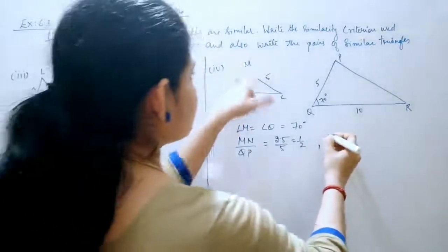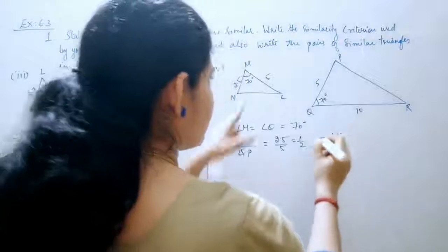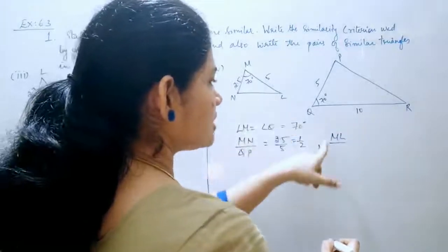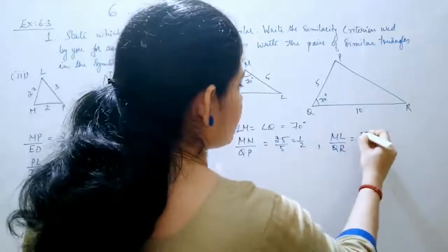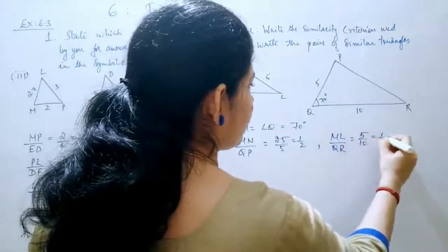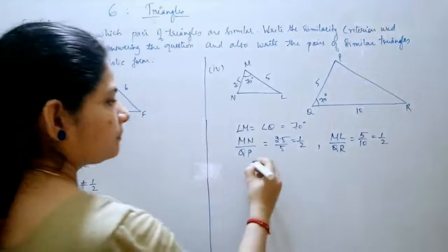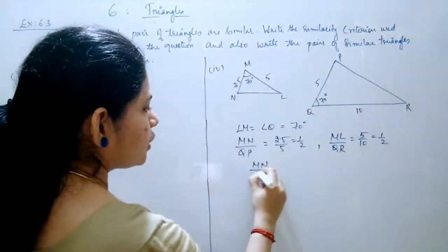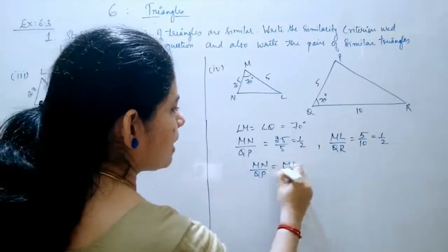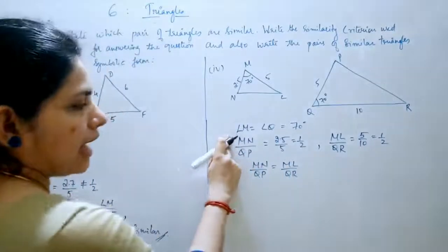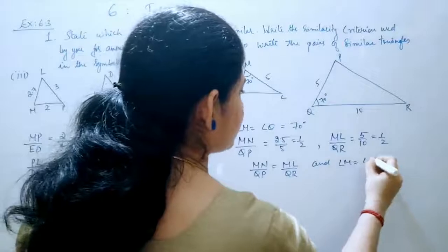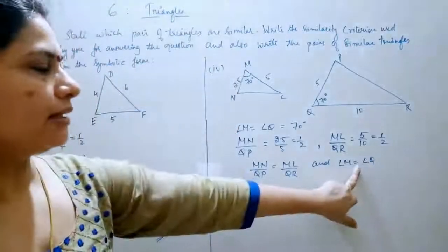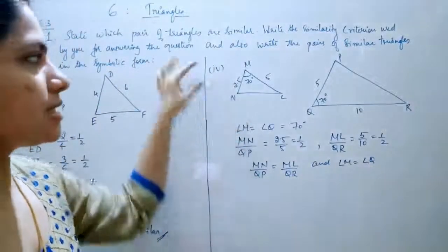The other thing you are getting is ML, which is 5. When you write ML, instead of M you will write Q, so it is QR, that is your 10. So 5 by 10 is again 1 by 2. So you are getting MN by QP equal to ML by QR, and one angle also: angle M equal to angle Q, which is the included angle between the corresponding sides.